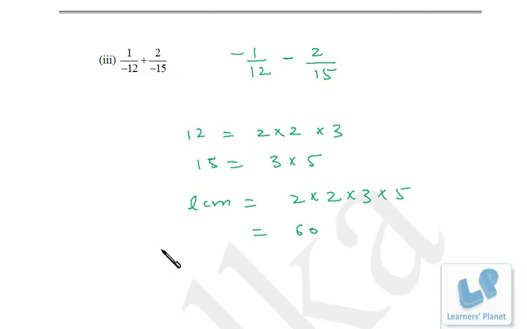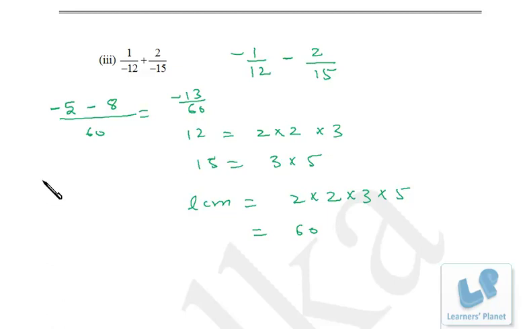That is 60. Now what? Write 60 over here. Now 12 into 5 will be 60. So 5 into 1, it's 5, and a negative sign is there. Then further we have a negative sign. 15 into 4 is 60. So 4 into this 2, it's 8. Okay, so minus 5 minus 8 is minus 13, and this is by 60, right?